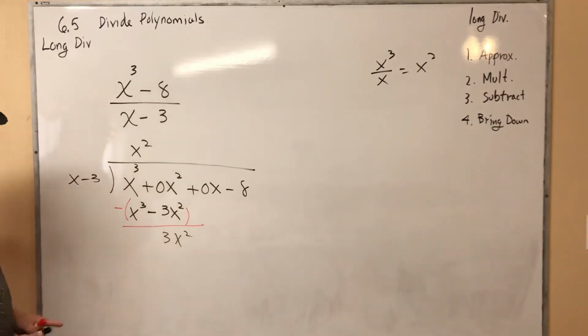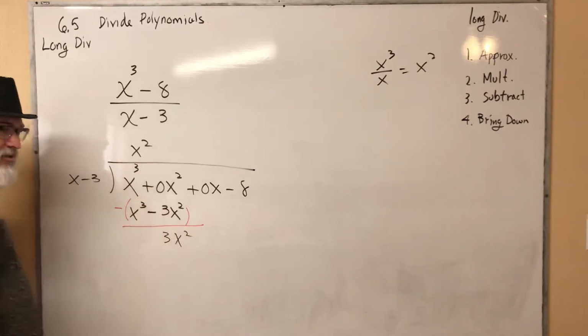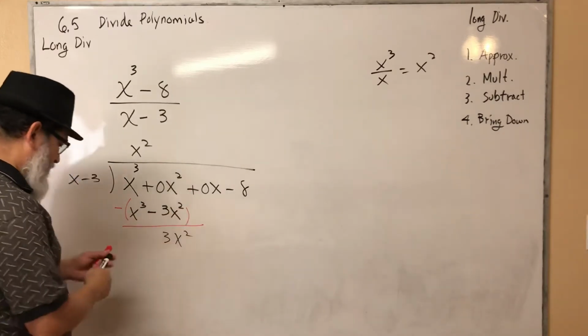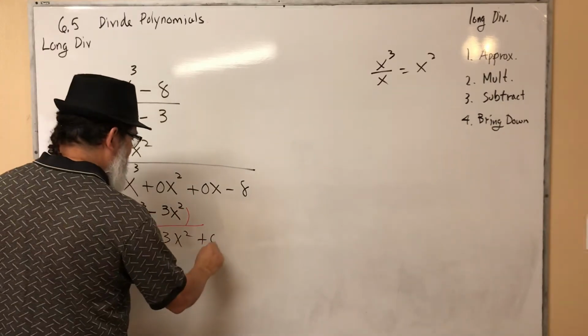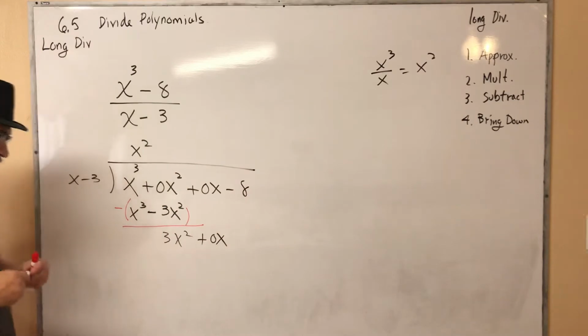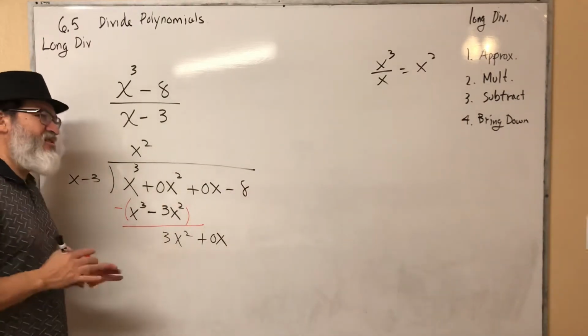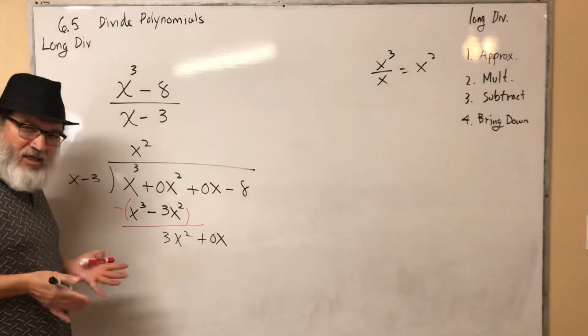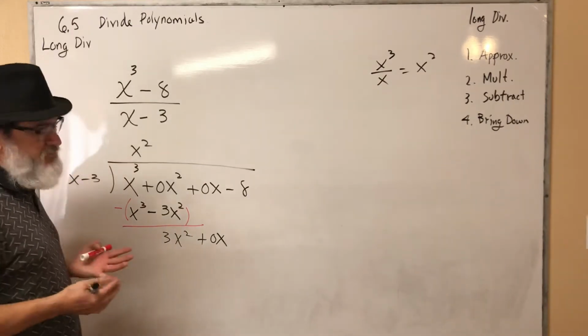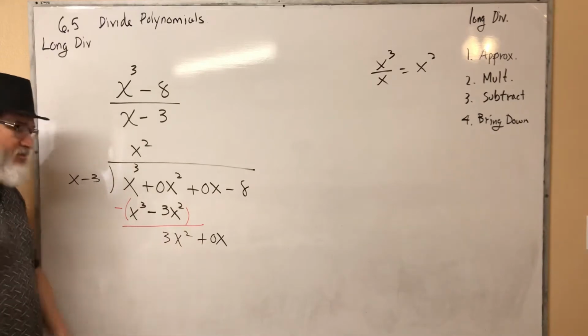Now we're into the second term. Bring down plus 0x. So that's why we write in the missing terms, just to make sure we don't make a mistake. We don't need them, but it just helps.